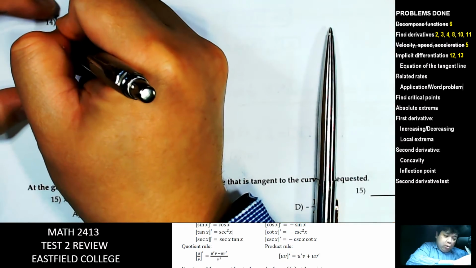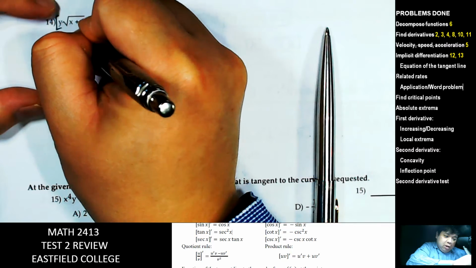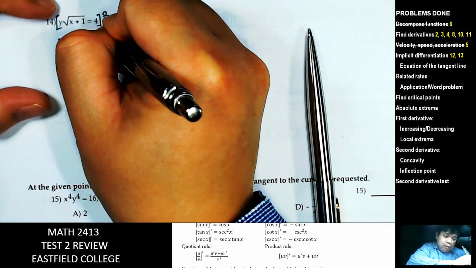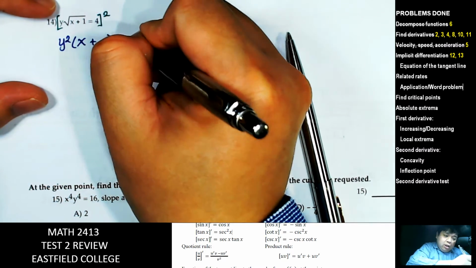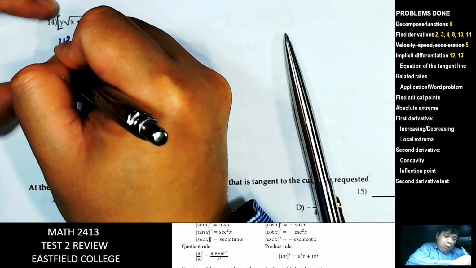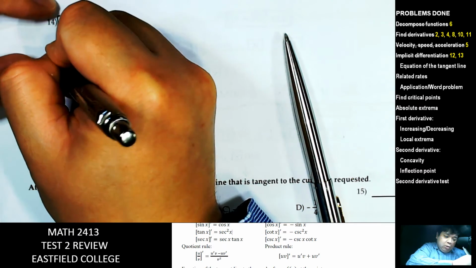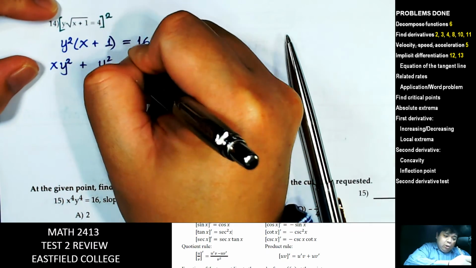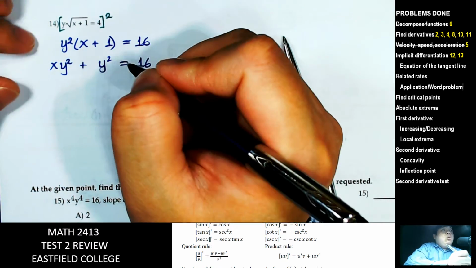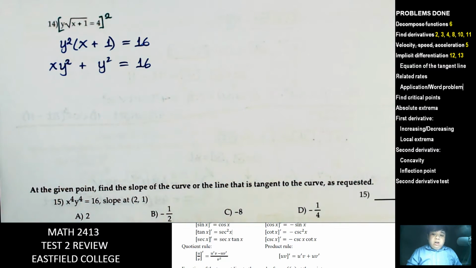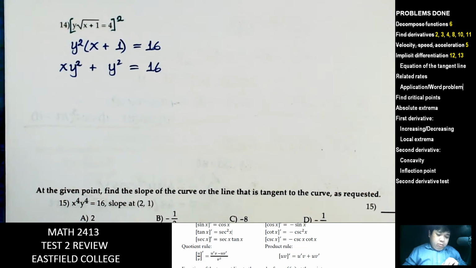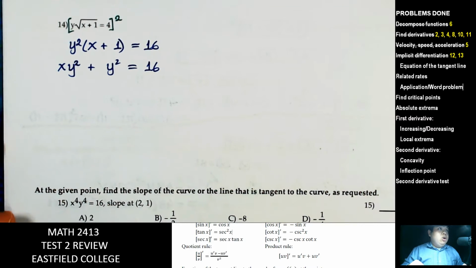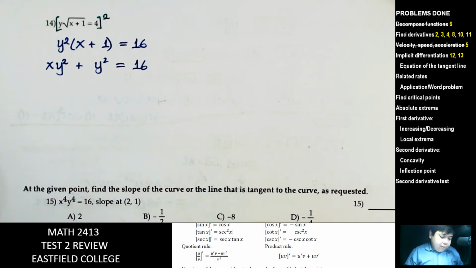So we have y squared times x plus 1 equal to 16, or xy squared plus y squared equal to 16. Now when you write it like that, the derivative will be a lot easier without the square root. So we do like we did earlier, because we did this in class. Right, I will go to 15 instead.